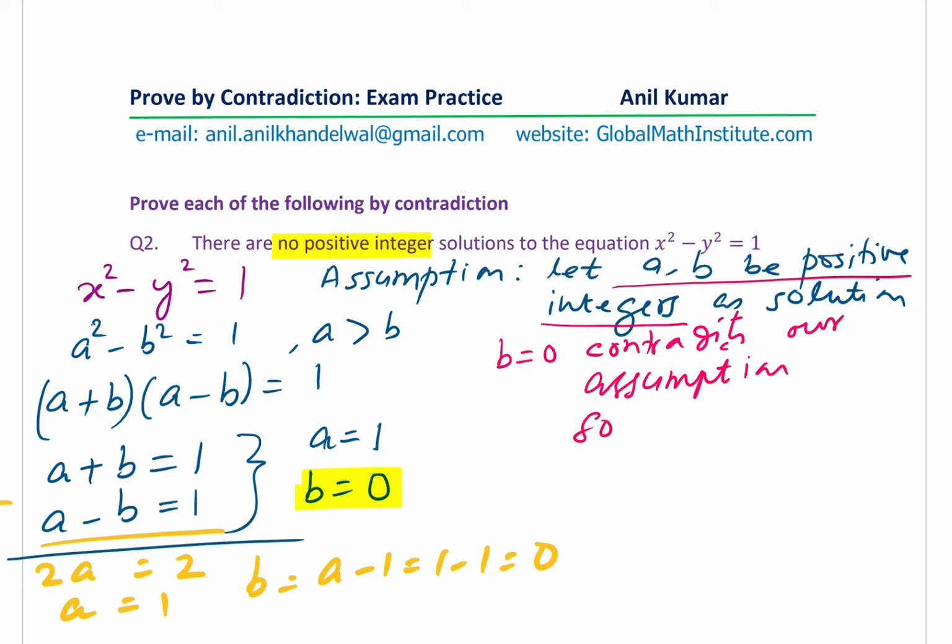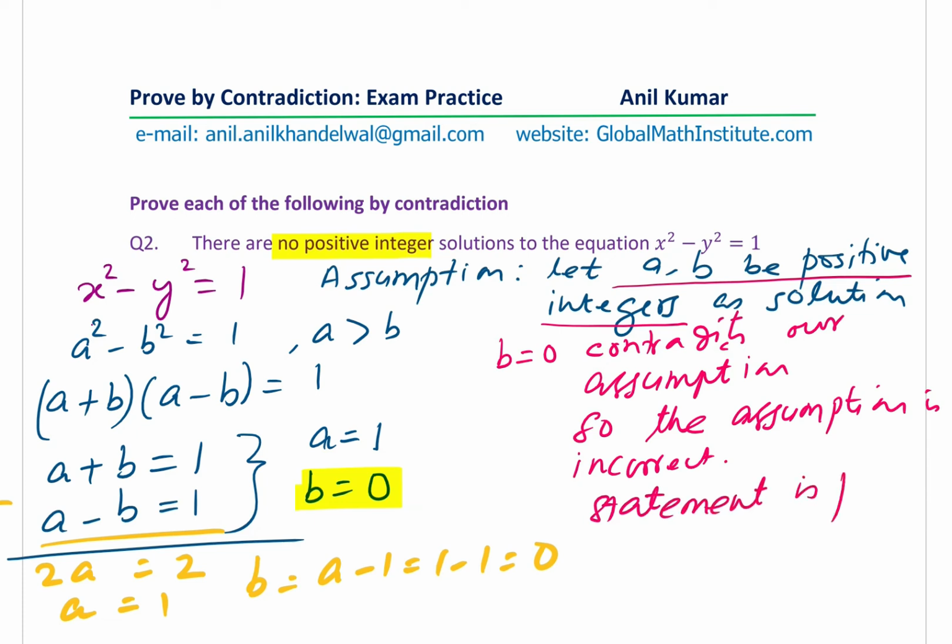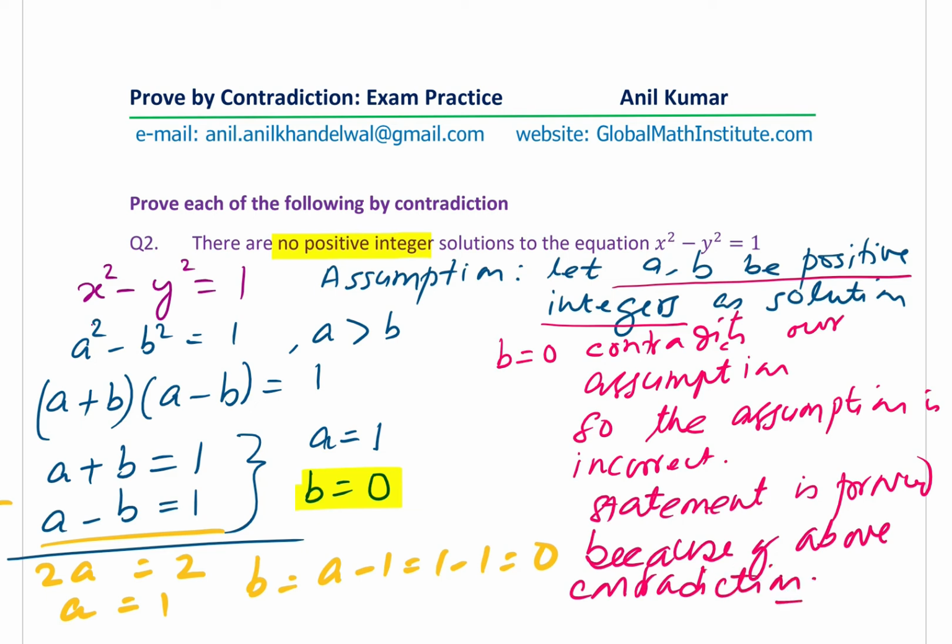So the assumption is incorrect, and the statement is correct. So we can say the statement is proved because of the above contradiction. Clear? So that is how you could actually prove this.